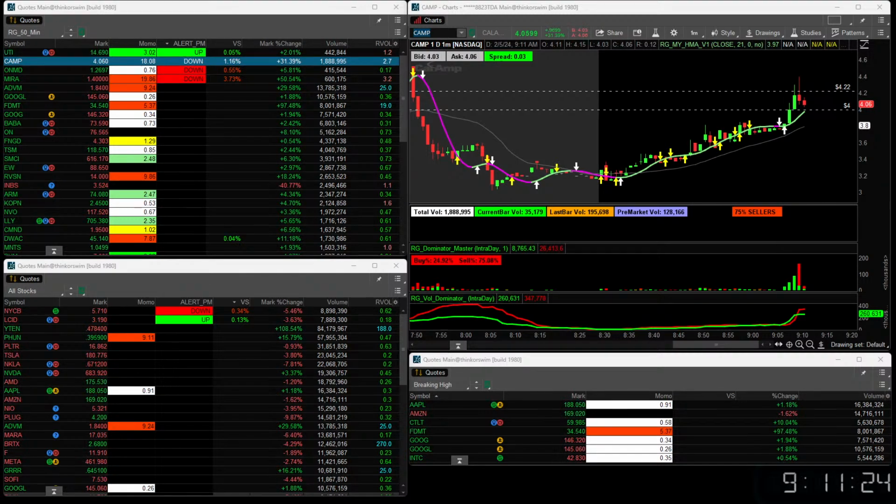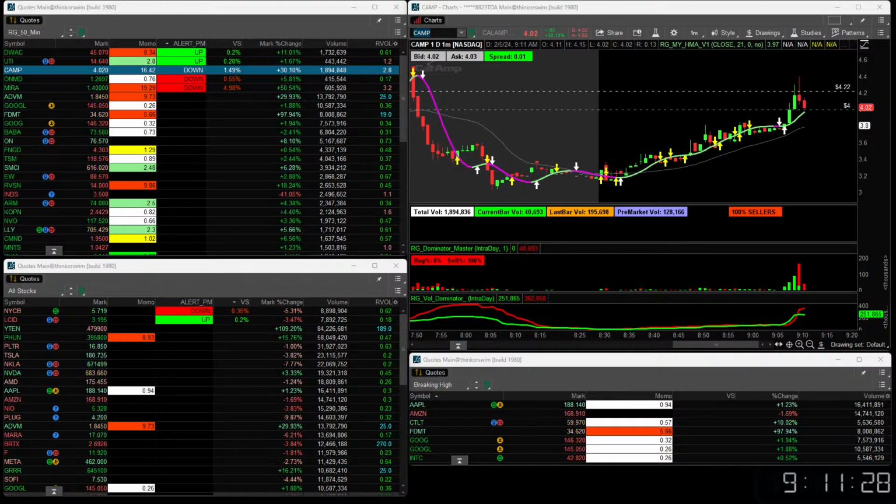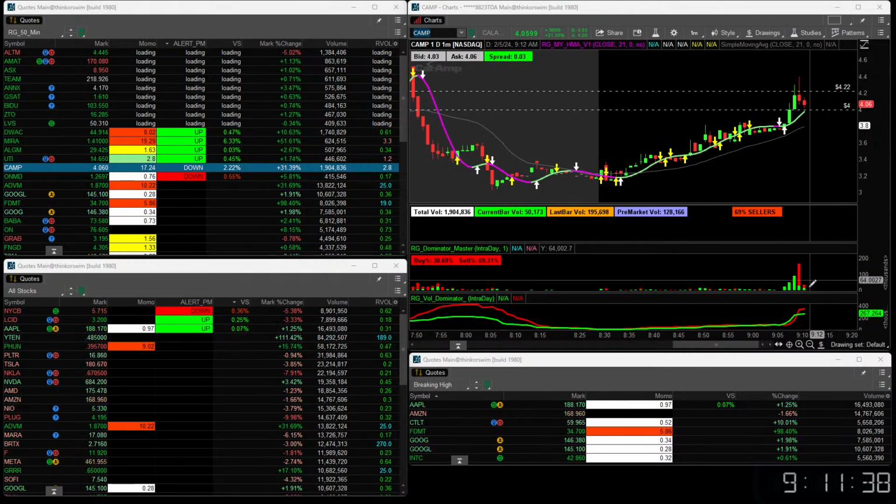Got to be a fast mouse clicker this morning to get anything. This may be a retest of $4 before the next run up right here. Got to be watching for green bars to come in.